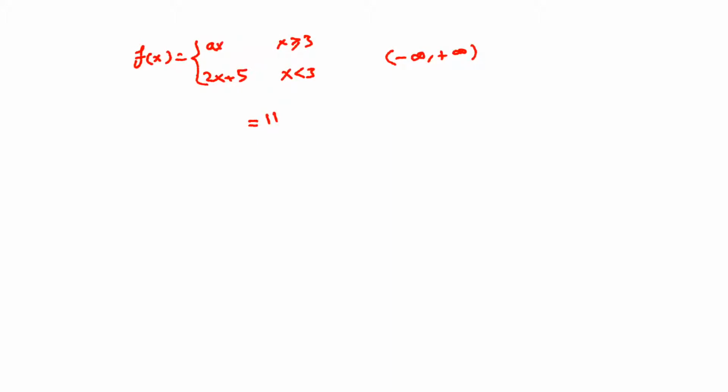The right side limit as x approaches 3 is 3a. 3a and 11 should be the same. Therefore, if a is 11/3, the function is always continuous.